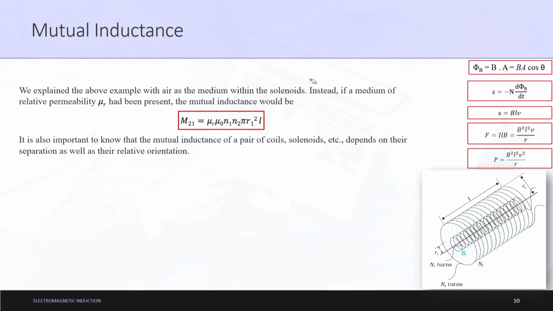Instead, if a medium of relative permeability mu r had been present, the mutual inductance would be the previous formula simply multiplied by mu r. What is mu r? Mu r is the relative permeability of the medium.